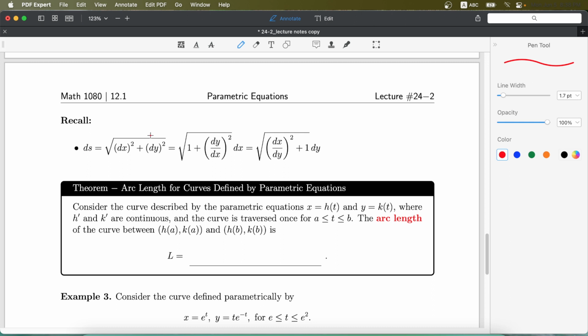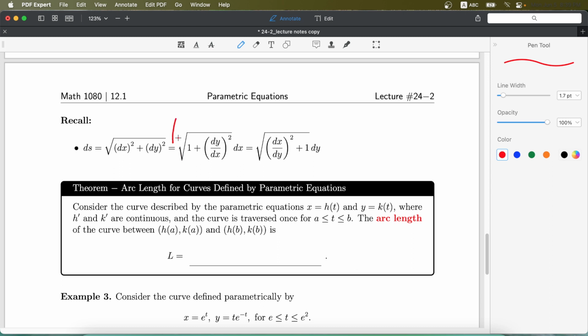Okay, we say that this first part right here comes from the Pythagorean theorem, right? ds equals the square root of dx squared plus dy squared. Okay, and we say that by using some simple algebra, we can create different formulas.